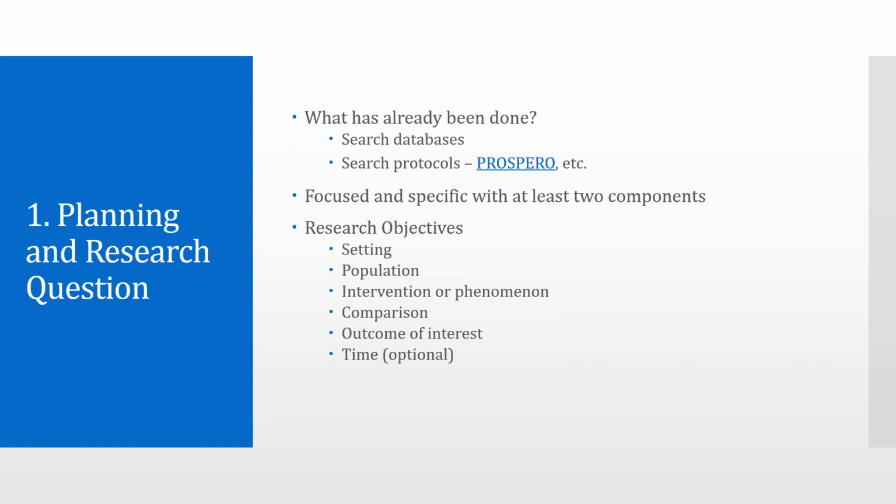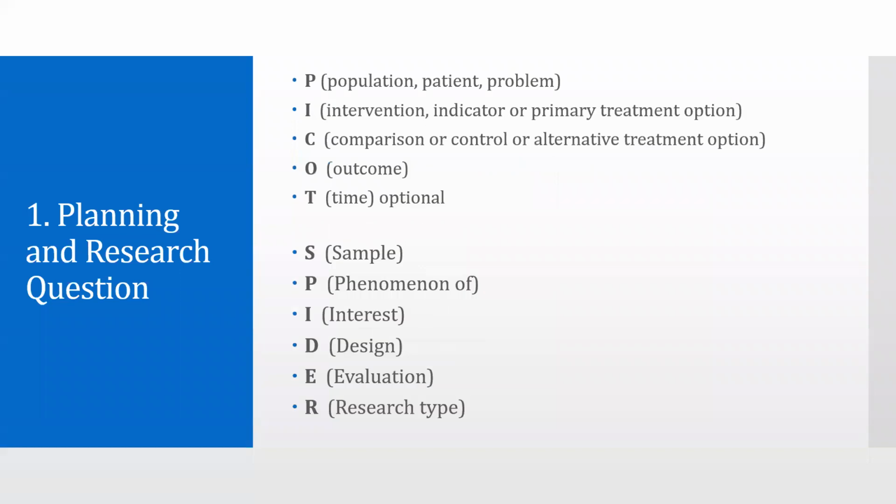such as WWH, which is the who, what, and how framework. Another one you might have is PEO, which is population, exposure, outcome. PICO, of course, is population, intervention, comparison, outcome, and optionally time.